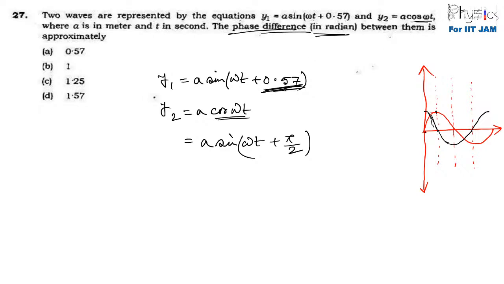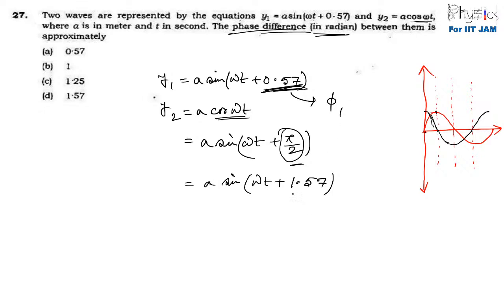So it is in radian, so we have to calculate this pi by 2 in radian. Pi by 2 in radian is simply 1.57. Simply divide pi by 2, and it would give you 1.57.